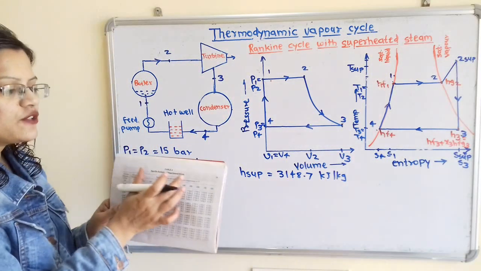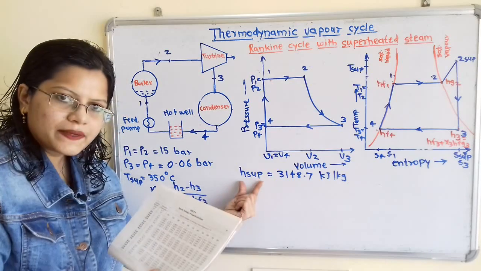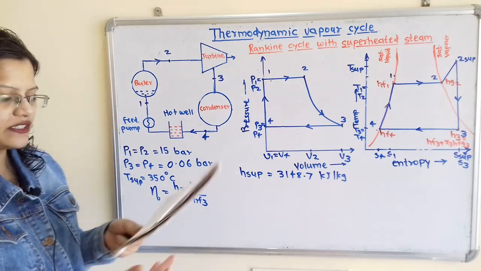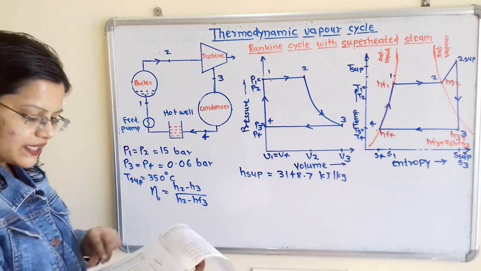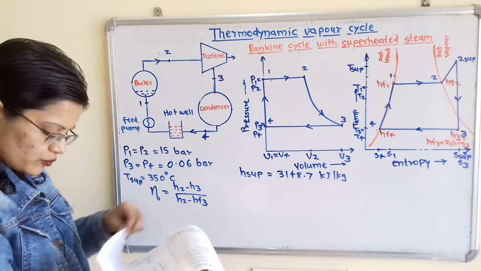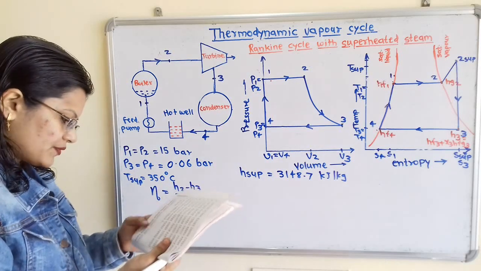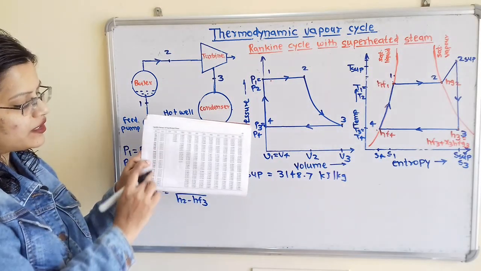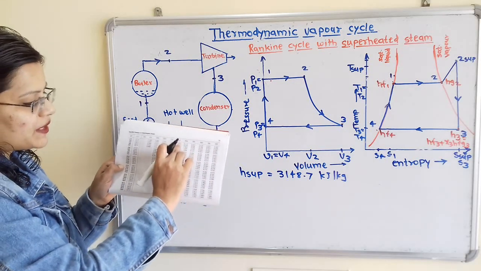So from the superheated table we can find the enthalpy of superheated steam as well as the entropy of superheated steam. So we will find the entropy also. The next table is the specific entropy of superheated steam. Here on the vertical column pressure is given and in the horizontal row temperature is given.